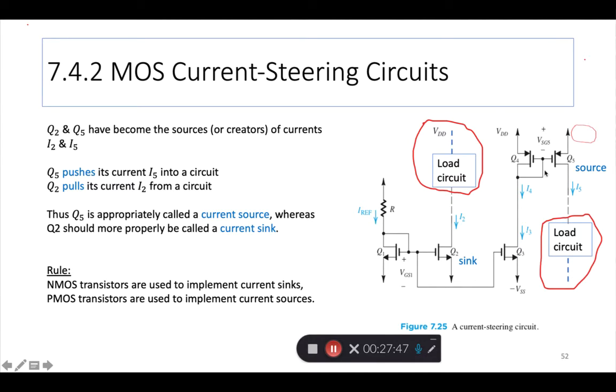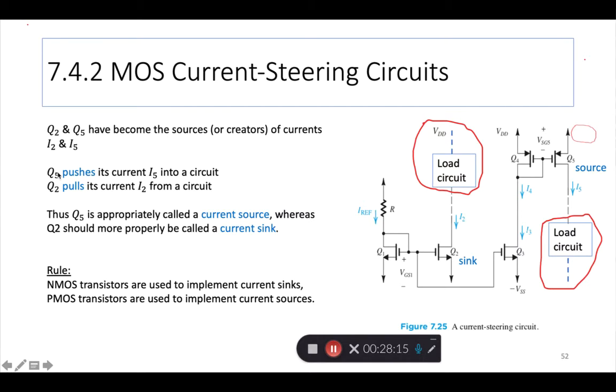Q5 is pushing its current I5 into a circuit. On the other hand, Q2 is pulling its current I2 from a circuit. So there's a circuit here and Q2 is pulling it, while here you can think of Q5 as pushing it into this circuit. Now these words are from the textbook, I didn't put them there.